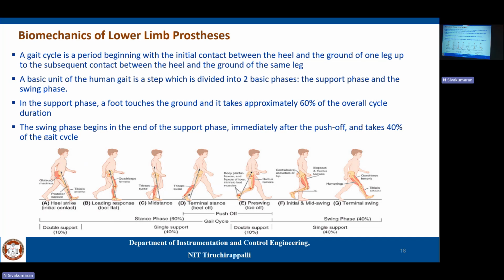Now, if you see the force direction, this also propels forward. Now I'm seeing only the right leg. Starting from here to here, it is the stance phase, because this particular limb is on the ground.